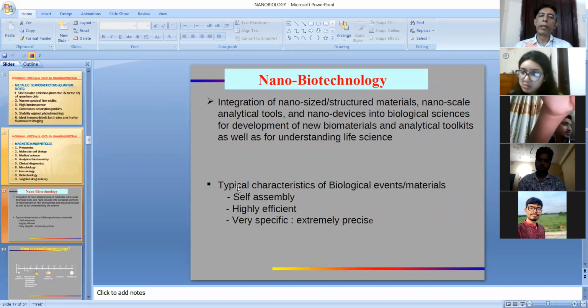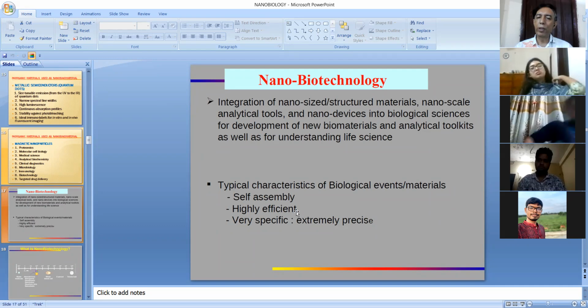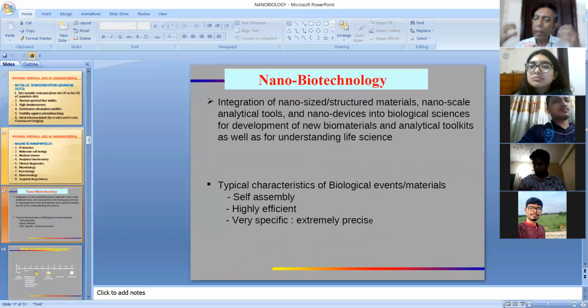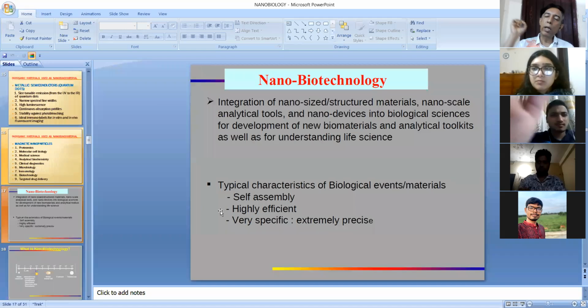Now, the typical characteristics of biological events, that is, the characteristics of this nanobiomaterial, is that they are self-assembled, they assemble by themselves, they are highly efficient and very specific. It will go where it should go.